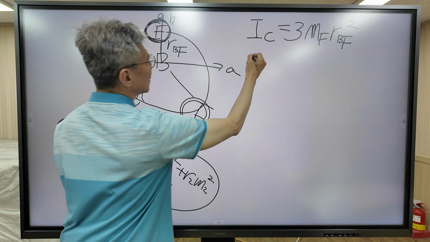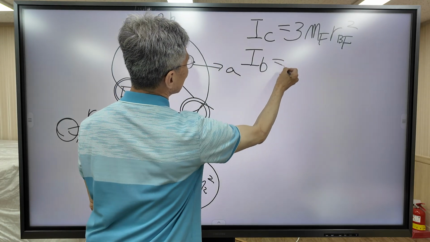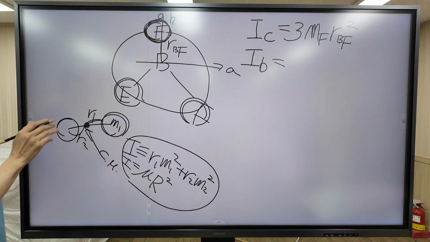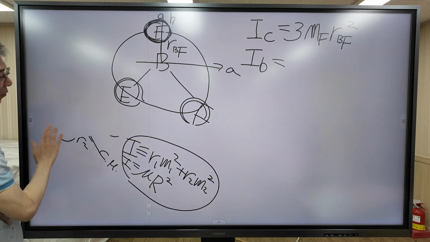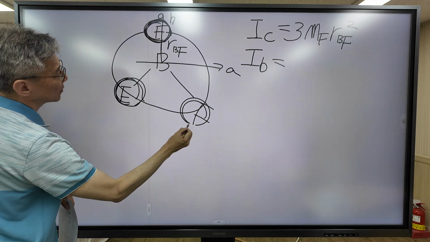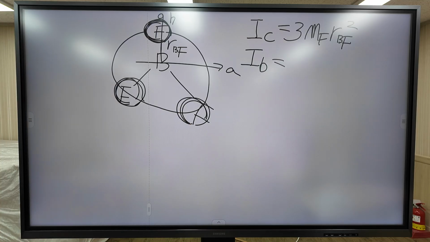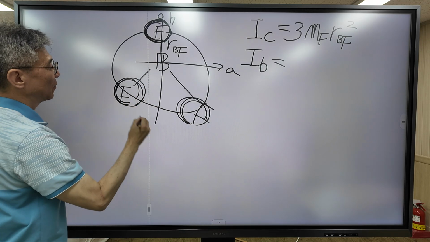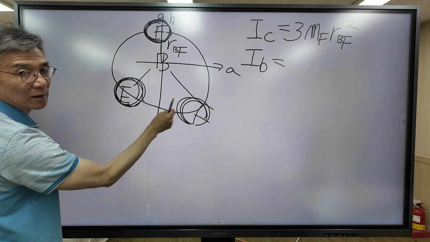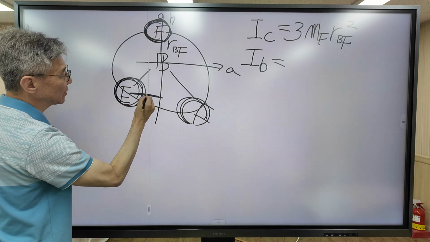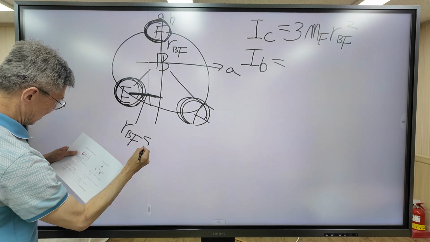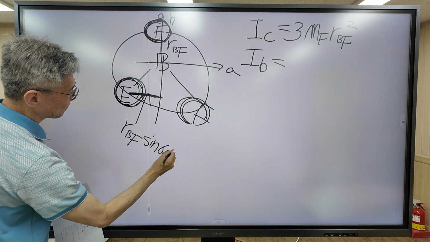Now I'm gonna calculate the moment of inertia IB. When the molecule rotates about the B axis, this atom does not rotate, so it does not have a contribution. Only these atoms contribute to the moment of inertia. When the molecule rotates about the B axis, this atom rotates with a perpendicular distance of RBF sine 60 degrees.